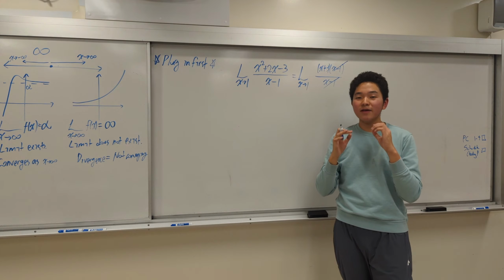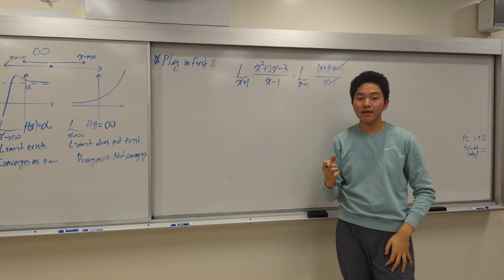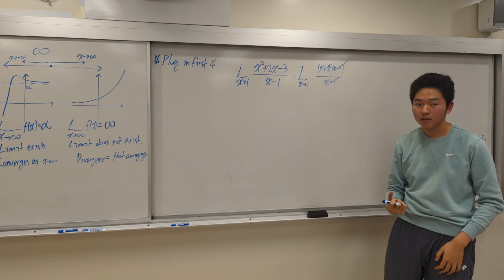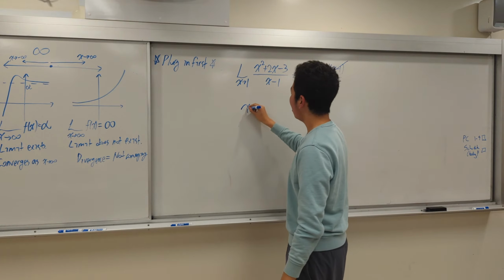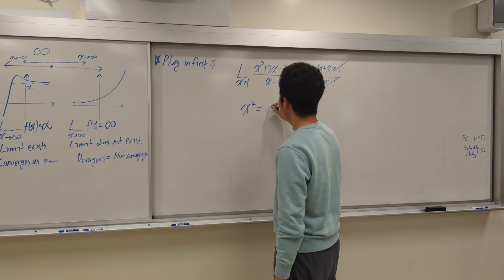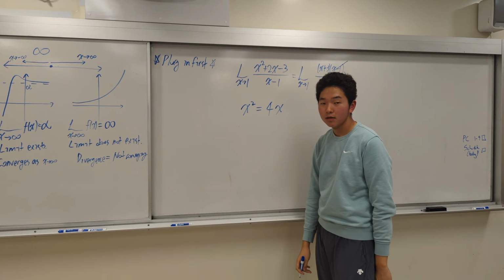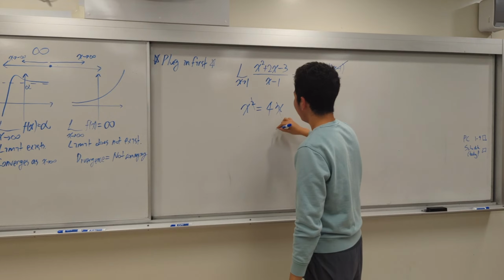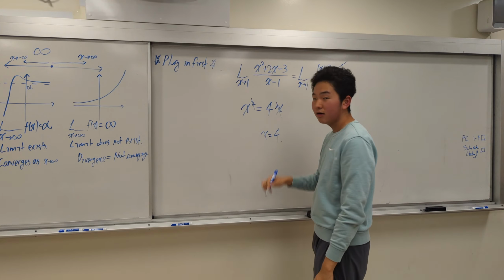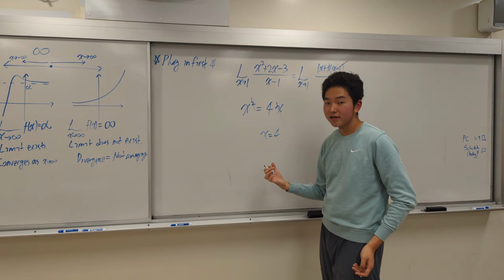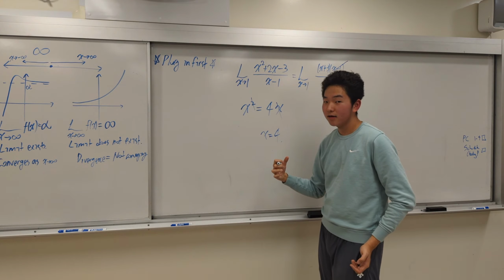But you should always be very, very careful when you cross things out in math. For example, solve the quadratic equation x squared equals 4x. I'm going to cross this out, so x equals 4. Is that the full solution? No. Why not?